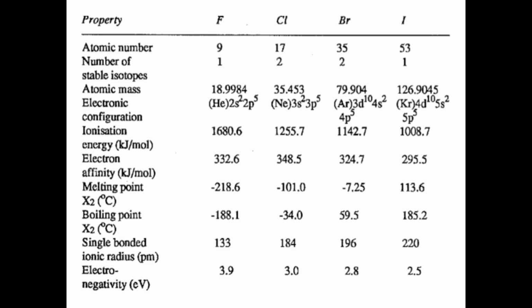We have talked about melting and boiling point the other time, and then of course the ionic radius is relatively increasing here, while the electronegativity is decreasing. These are the numerical values that you can use to pinpoint them.